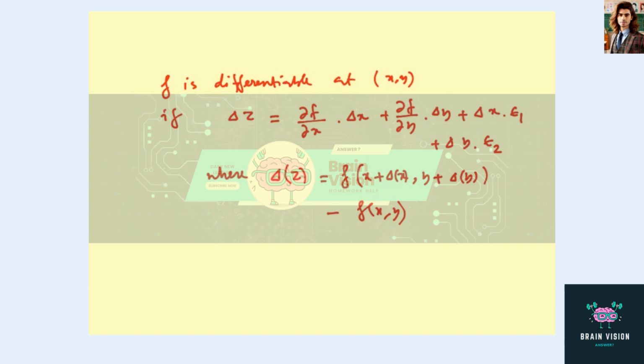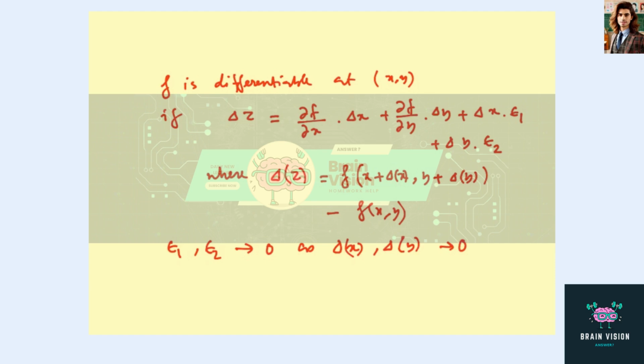And of course, ∂f/∂x and ∂f/∂y are the partial of f with respect to x and partial of f with respect to y respectively, and we have the condition on epsilon 1 and epsilon 2. Epsilon 1 and epsilon 2 go to 0 as delta x and delta y go to 0.